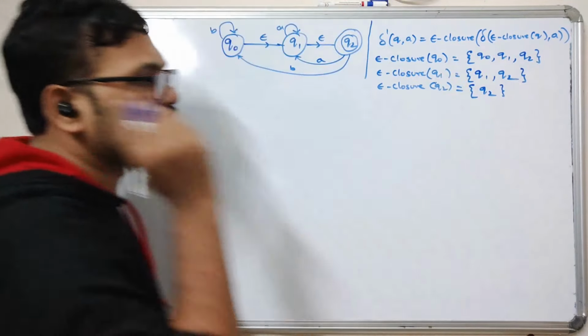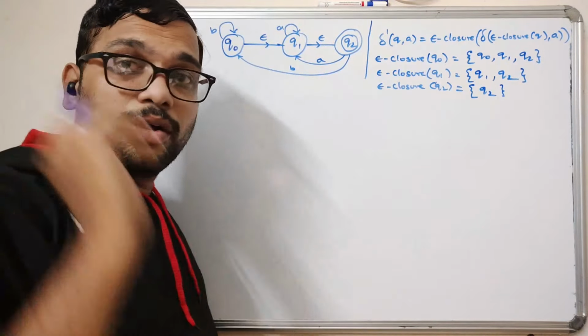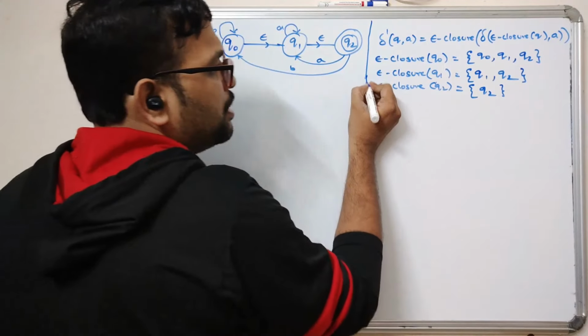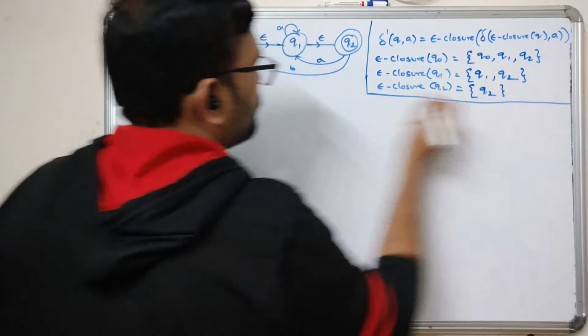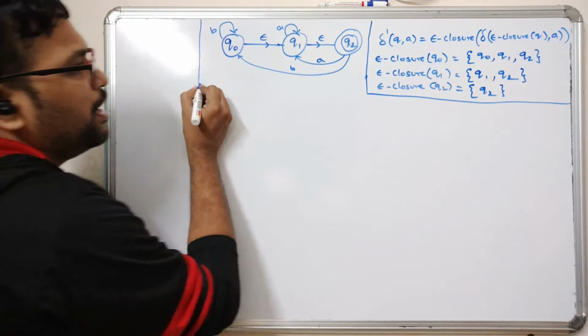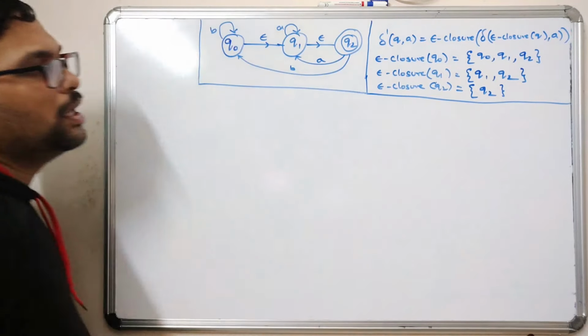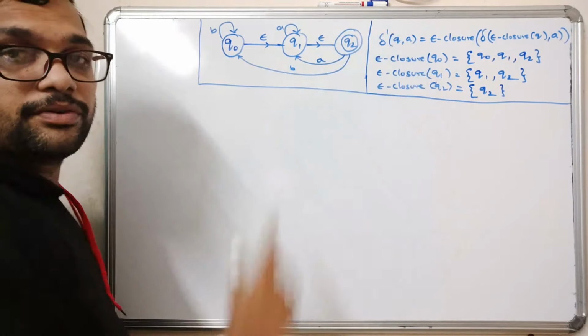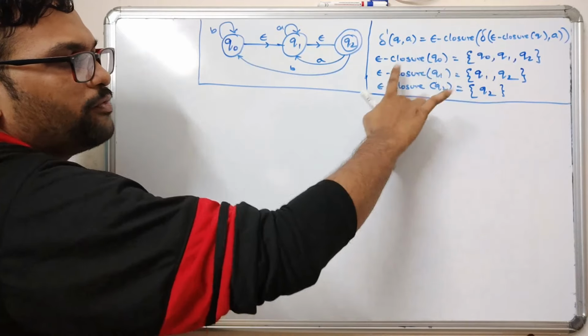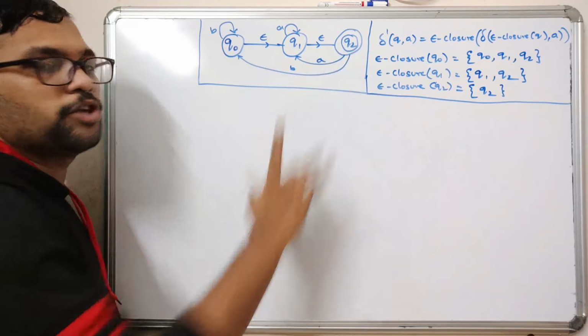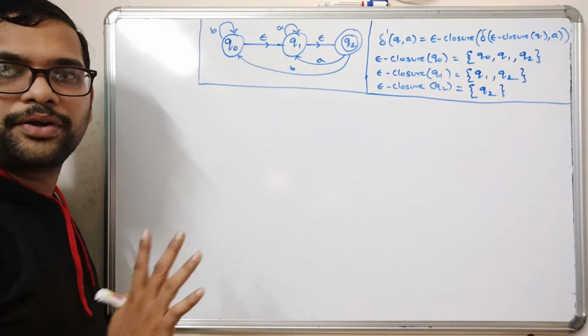So this is the epsilon closure for q2. Just remember these things. The first step is completed: we have found the epsilon closures for all the states q0, q1, and q2.